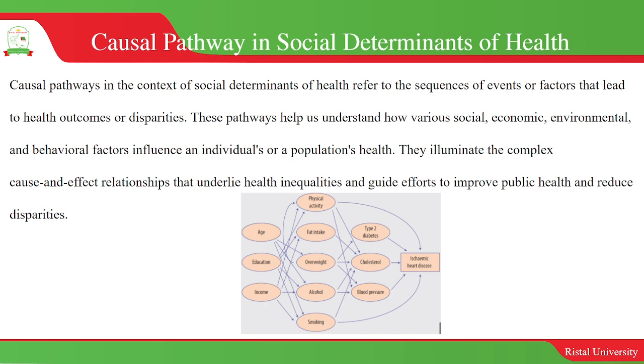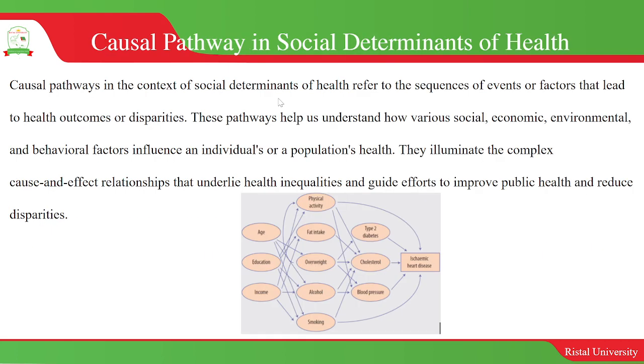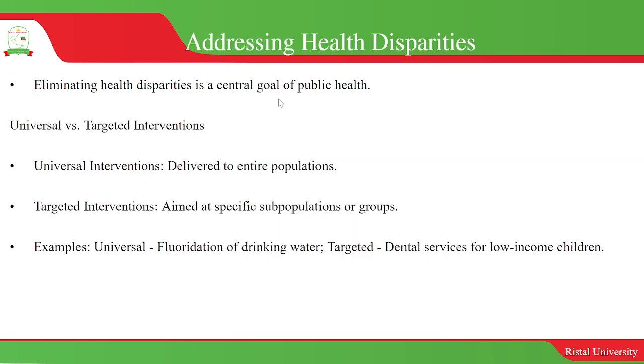So we have those that can modify the relationship, modifiers, and then we have the intermediate factors. So that is basically the causal pathway. That's what it means.